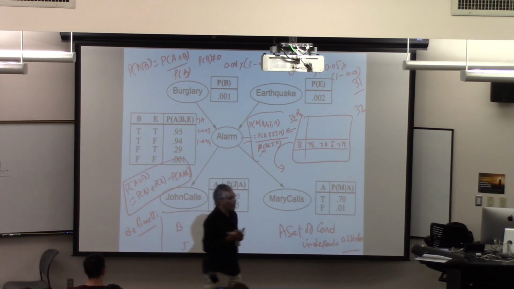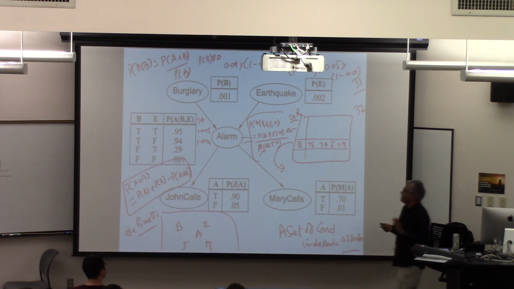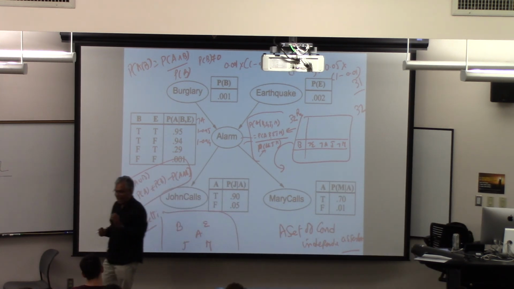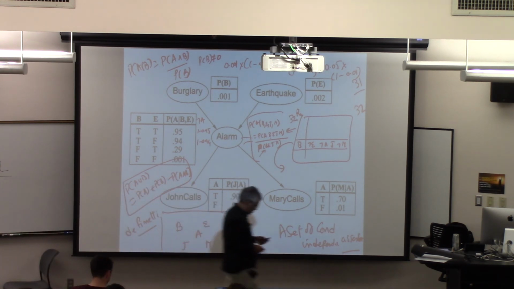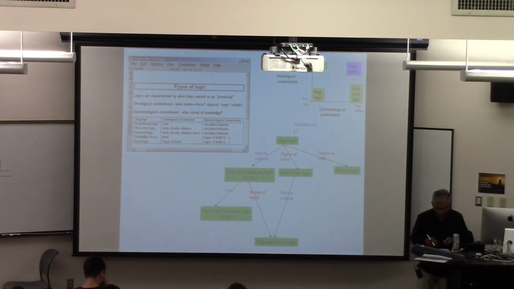Okay? So what is actually happening here under the hood is that the networks capture a particular form of conditional independence. What they say is the following thing. Let me see if I can go to the next one. Yeah. Okay, I can write it here.